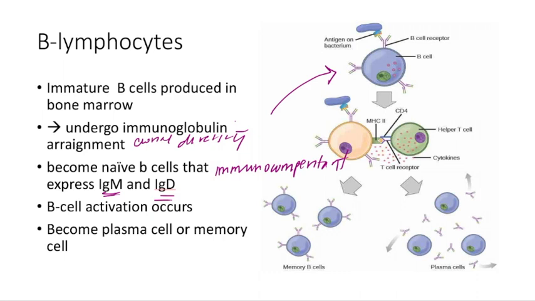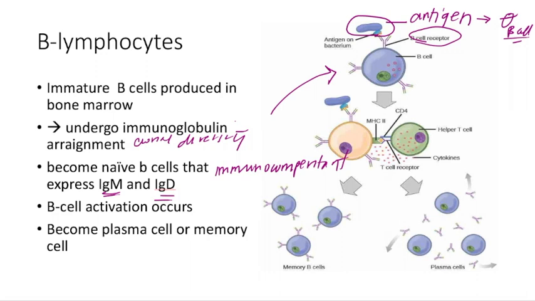Only those cells with specific B cell receptors complementary to that antigen's determinant sites are stimulated. So we have to have a specific B cell receptor for this specific antigen. This antigen will not be recognized by any other B cell receptor. Another B cell will recognize a different antigen, 1-to-1.